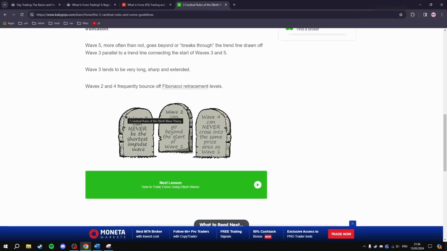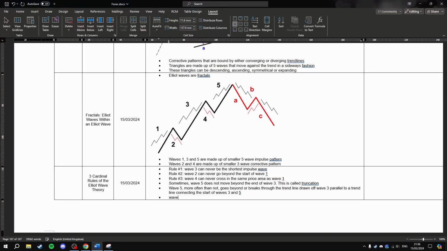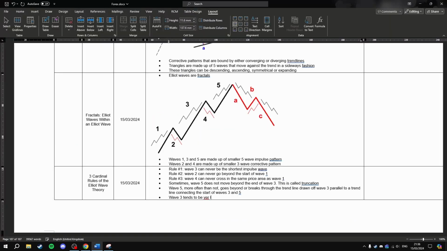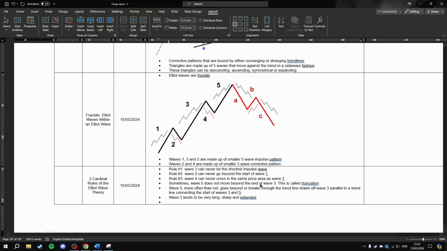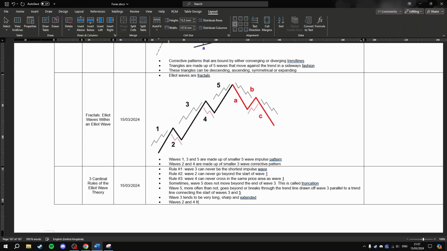Wave 3 tends to be very long, sharp and extended. Waves 2 and 4 frequently bounce off Fibonacci retracement levels.